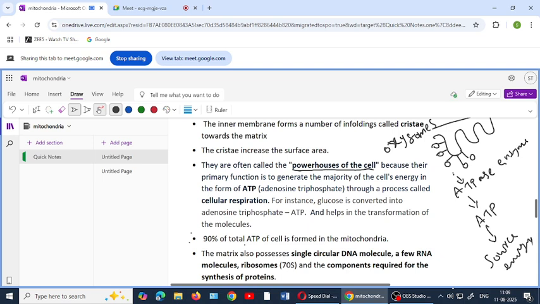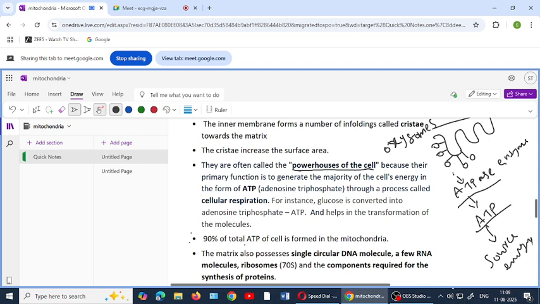Oxysomes. They have the ATPase enzyme, which produces what? ATP. And this ATP is the main source of energy. That's why they are called the powerhouse of the cell.